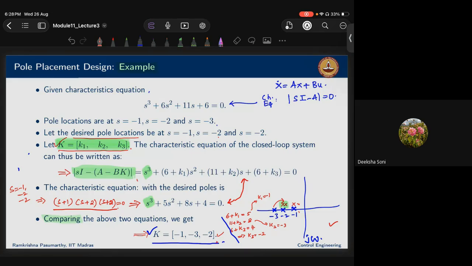If you find the roots of this equation, they are minus 1, minus 2, minus 3. That means they are your poles, the blue colored ones. Correct? Minus 1, minus 2, minus 3. Is this clear? Any doubt?